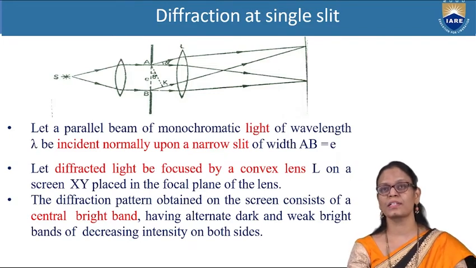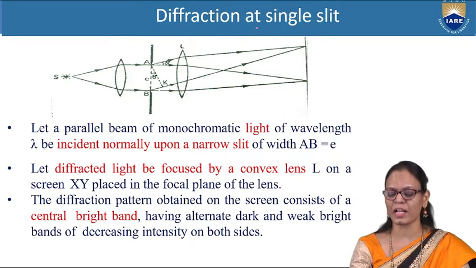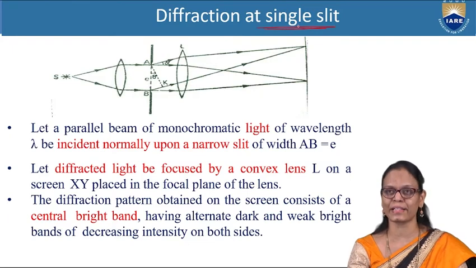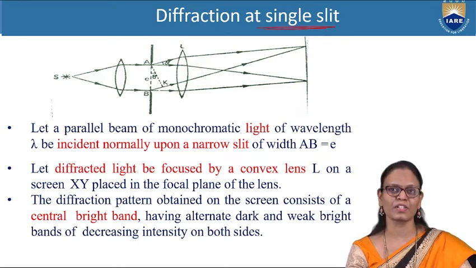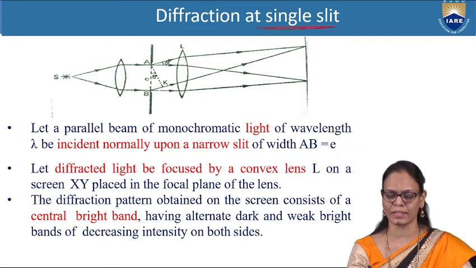Now we'll try to understand what is diffraction at a single slit, or the setup. Because we are not going into short answer questions, you will not be asked to explain the entire phenomenon. You are asked only to explain the setup for a single slit, how diffraction occurs at a single slit.